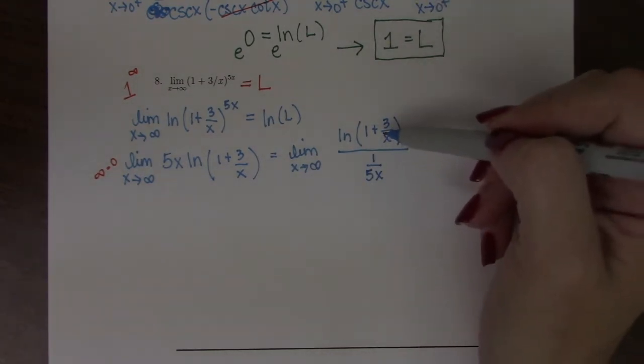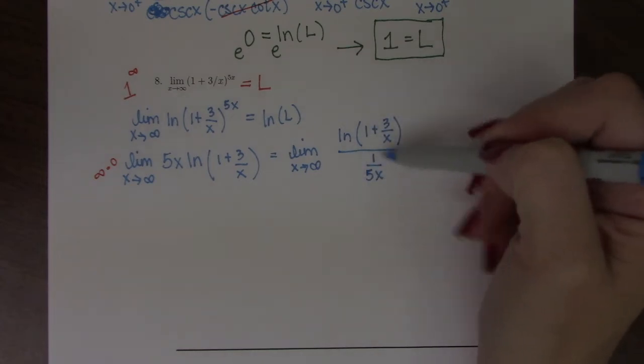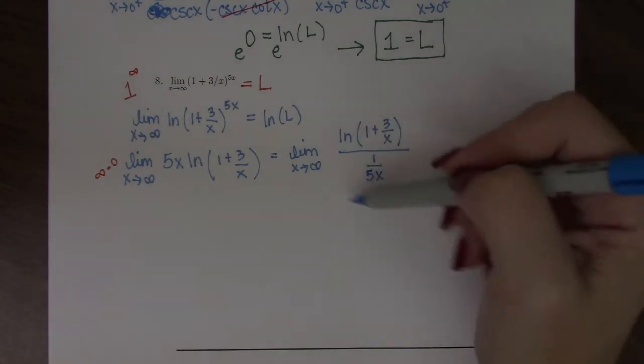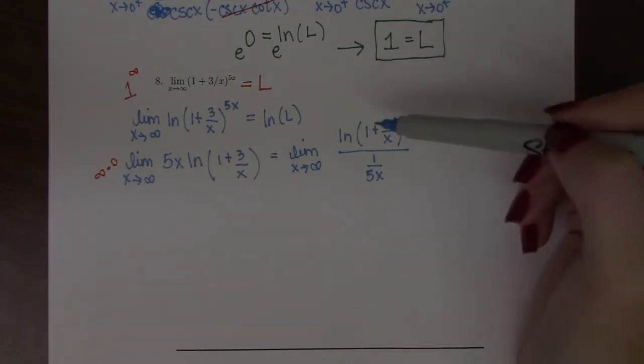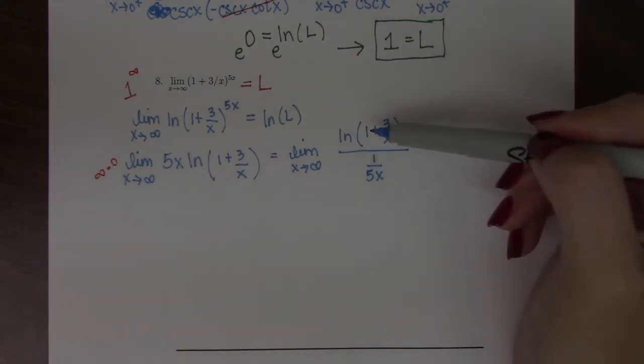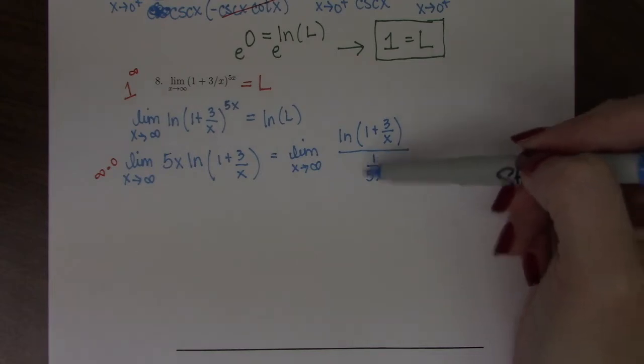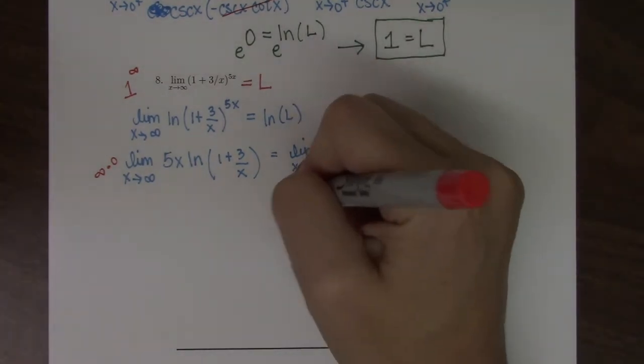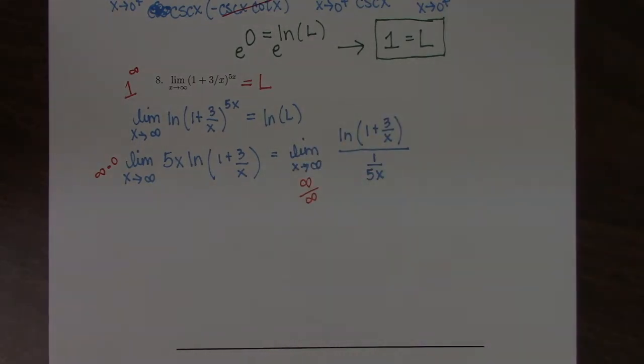Now if I multiply this by the reciprocal of this, the 5x ends up back in the numerator where it belongs. So this is equivalent. Now ln of 1 is 0, the limit of the denominator is 0. Now I've got it L'Hopital ready. I'm in an infinity over infinity situation.